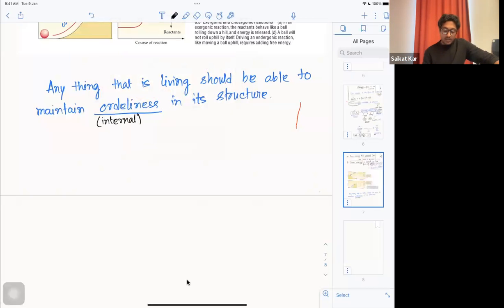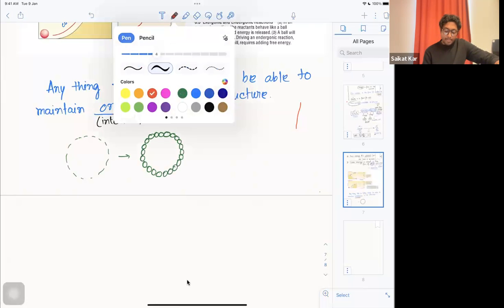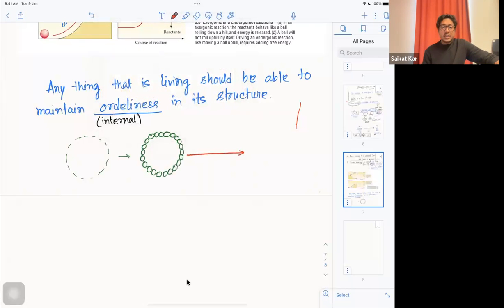Because suppose this is a cell, and suppose these are some molecules forming the boundary of the cell, and all these molecules are in a very ordered state. We know from the second law that this orderliness shouldn't be there for a long time, because with time this orderliness will be destroyed due to this law.